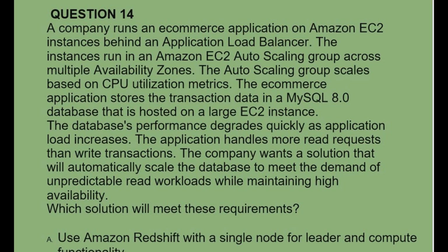The database's performance degrades quickly as application load increases. The application handles more read requests than write transactions. The company wants a solution that will automatically scale the database to meet the demand of unpredictable read workloads while maintaining high availability. Which solution will meet these requirements?